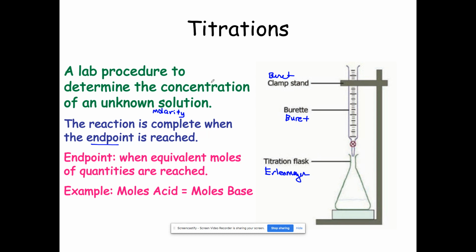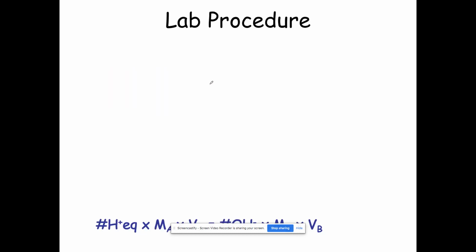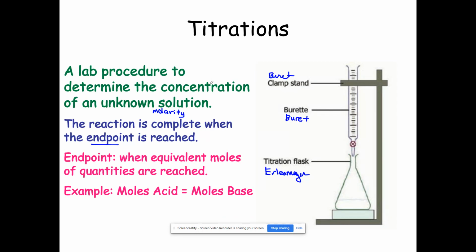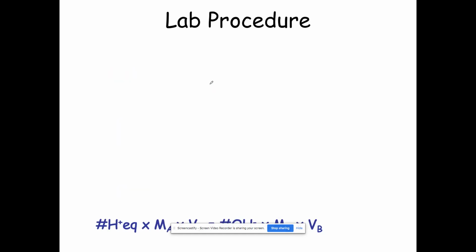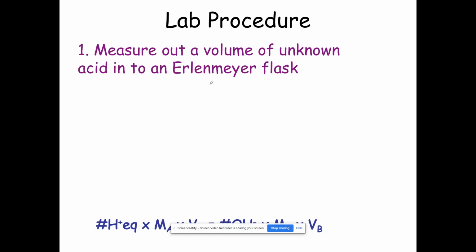So it's a lab procedure, but there's also a formula that goes along with it. So if you could go to reference table T, you will see that titration is the third from the last one. So we're dealing with molarity of H plus, acid, VA, volume of acid, molarity of the hydroxide or base, and the volume of base.